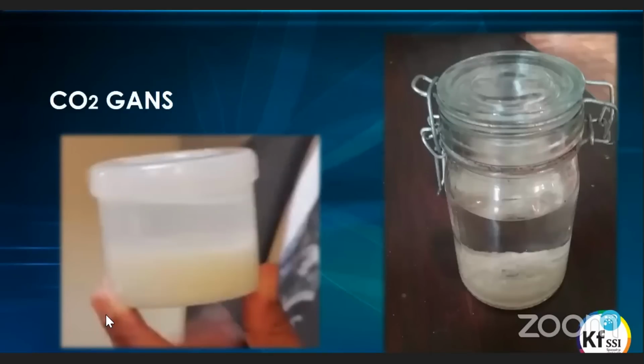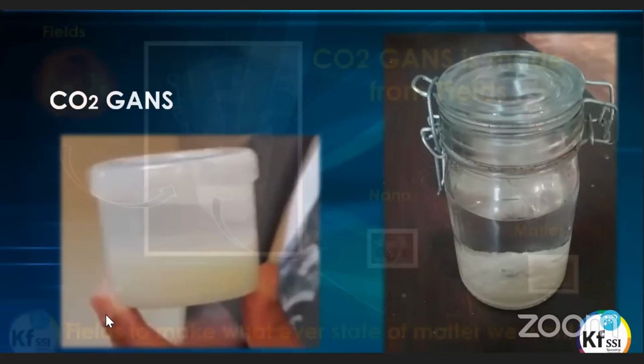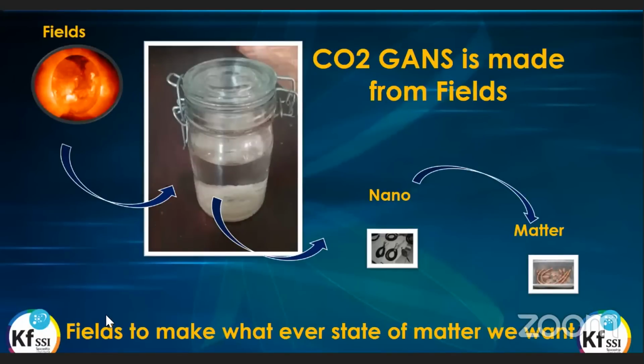So once you've washed and collected, you're left with your CO2 Gans, which you just keep in a separate bottle with distilled water so that it's ready for use when you need it. So you can see what we've done is we've essentially started creating a material from the fields around us, because we created the condition within the box to attract the field strength of carbon, which comes in and interacts to create the CO2.